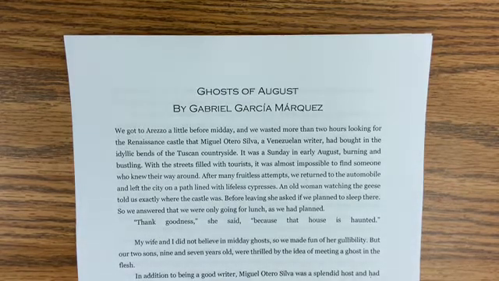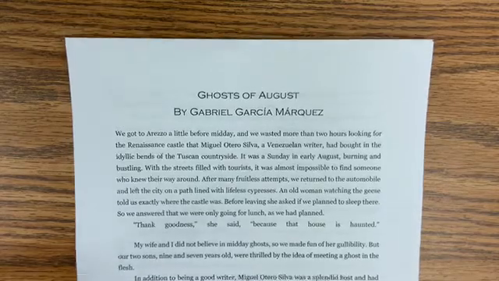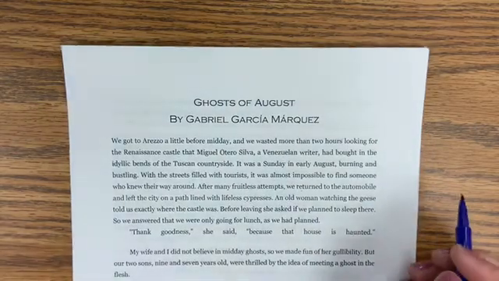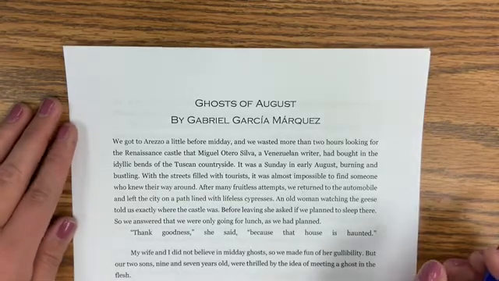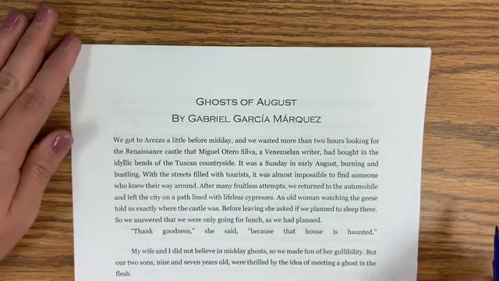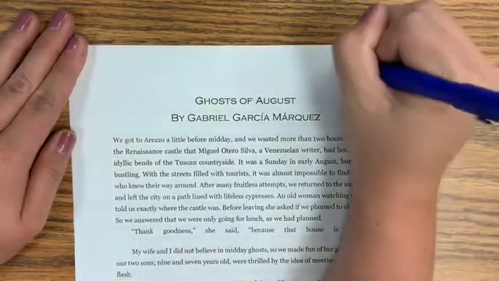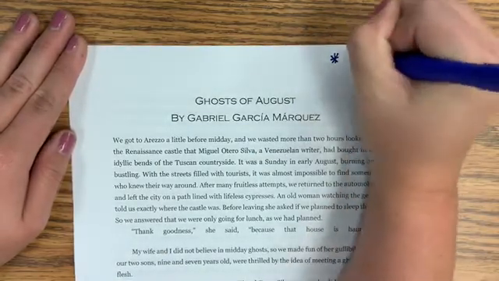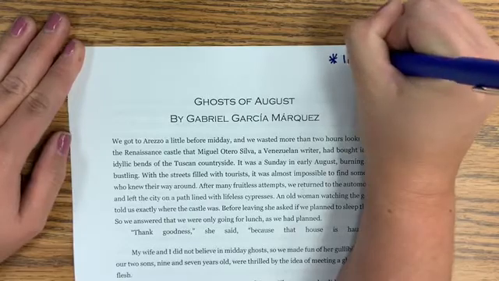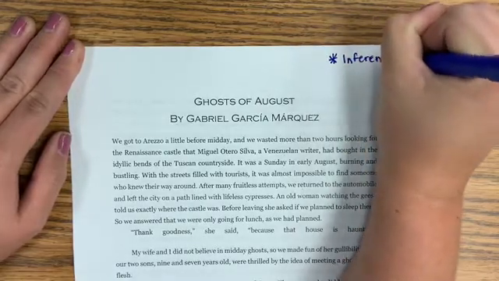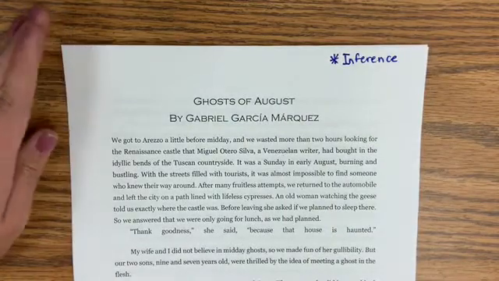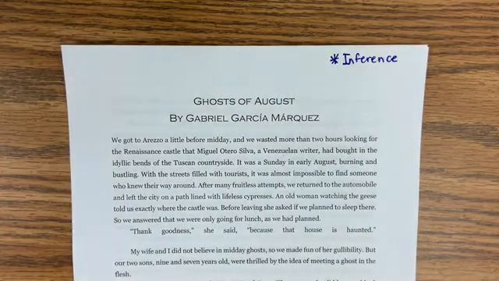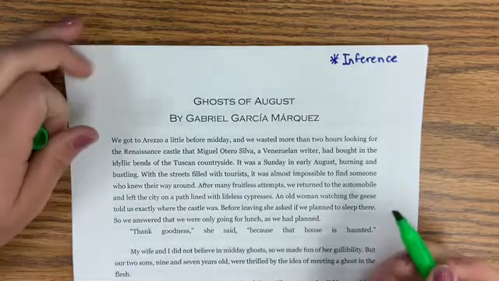Before we start reading, we do need to make an annotation key at the top of our paper. So, since we're looking for inferences, implicit information, explicit information, and patterns, that's what's going to be included in our key. So I'm going to do a star for any time that I have an inference. And I'm going to need 2 highlighters for explicit and implicit information. You don't have to use the same colors as me.